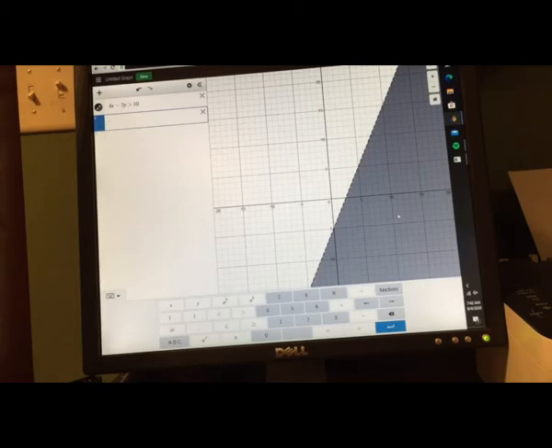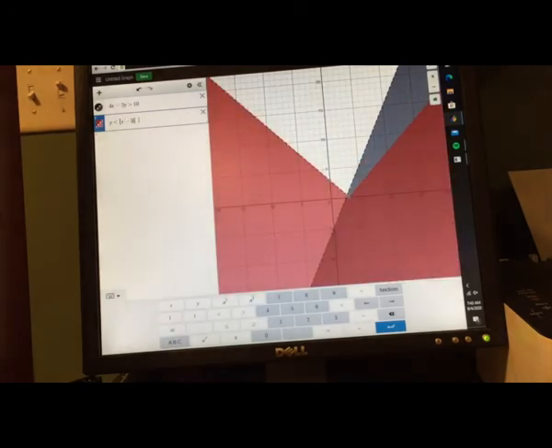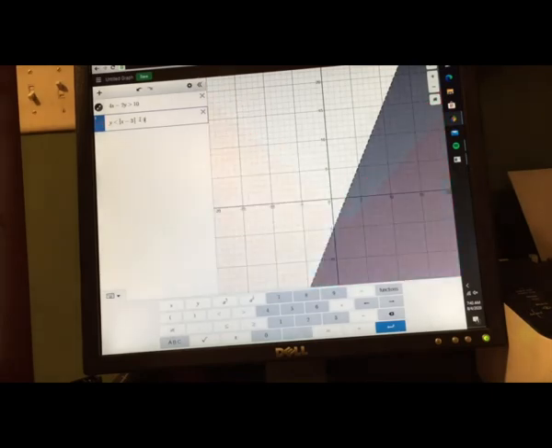So that was y is less than the absolute value. So I click this absolute value of a, and then inside where the box is, I need to click inside there and put x minus 3, and then I need to click outside of the box to put my minus 4. So it's pretty easy.